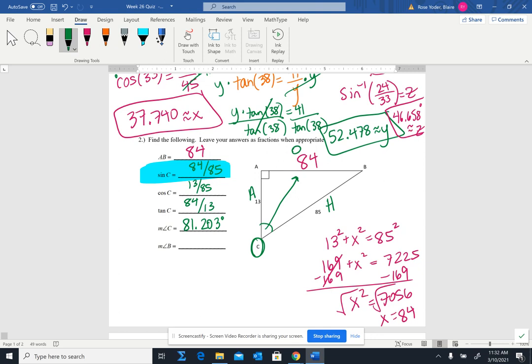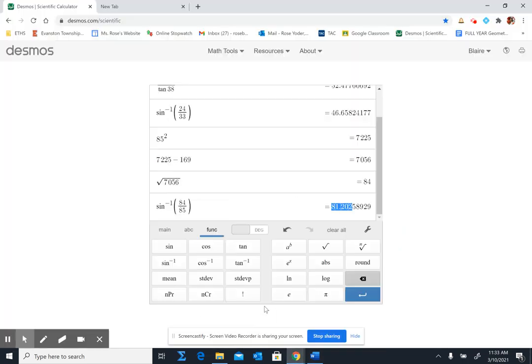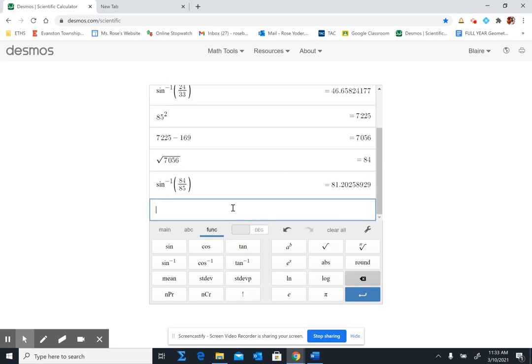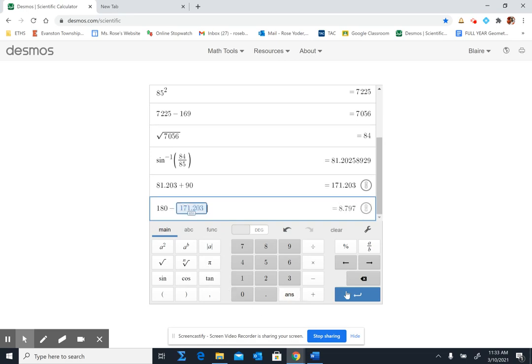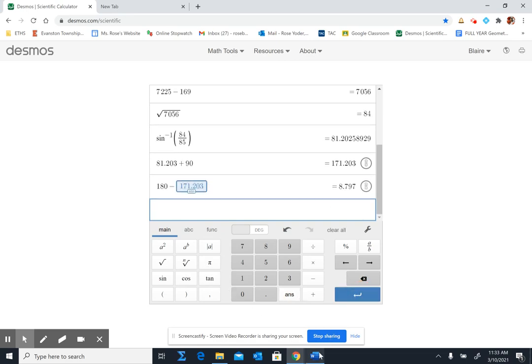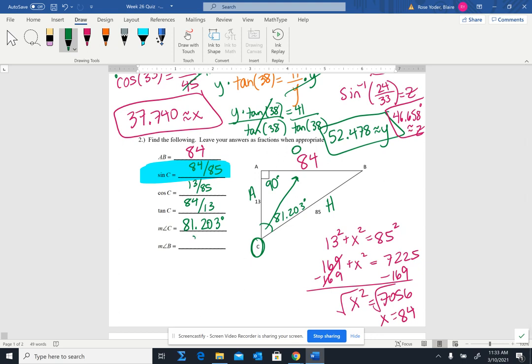And then what I do to find the other angle, so if this is 81.203 degrees, this one's 90, and then I add them up and I see what's left over for angle B. So 81.203 plus 90 is 171.203. So I'm going to do 180 minus that, 8.797 degrees left over. Because all the angles in a triangle have to add up to 180 degrees.